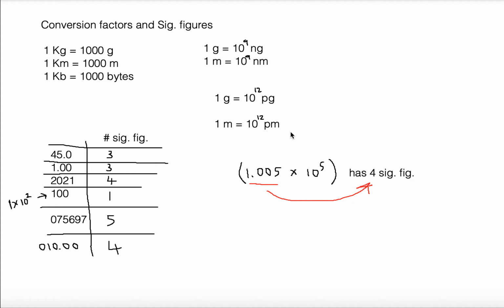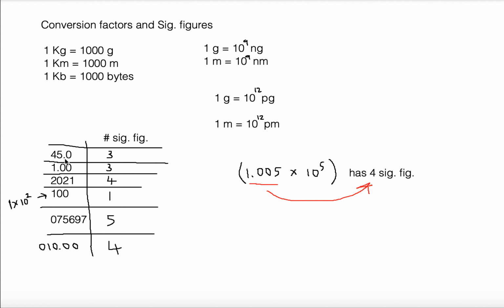Now I'm going to take this opportunity to also introduce you a little bit to significant figures. Significant figures, as we talked about in the first video of chapter 1, are numbers that are important for quantity, accuracy and precision. 45.0 has three significant figures because that zero doesn't tell us any quantity, but it tells us the precision.